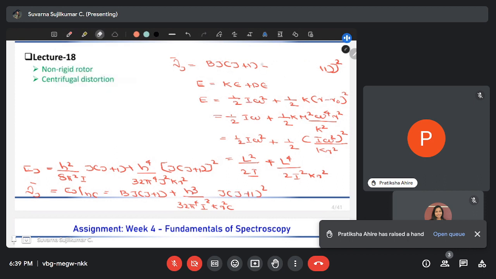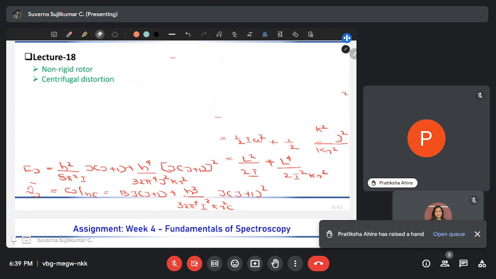Following the derivation, we represent this equation in a simpler format because it's a very big equation, no?